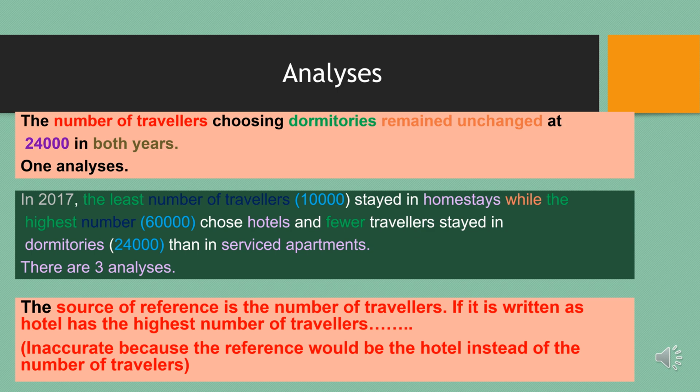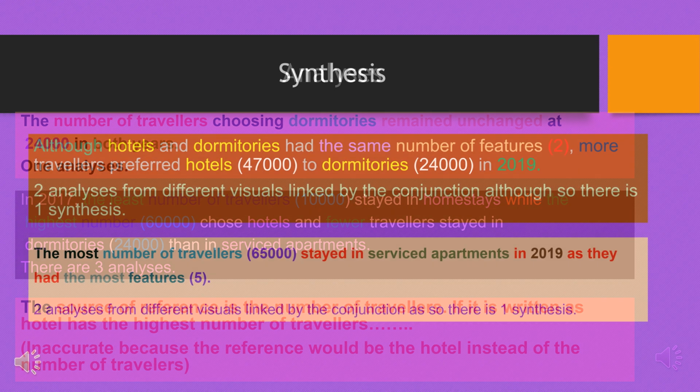So there are three analyses here. The source of reference is the number of travelers. If it is written as hotel has the highest number of travelers, the reference will be the hotel instead of the number. So it will become the wrong source of reference. It can be distortion or it can be inaccurate. So be careful when you are writing your source of reference here.